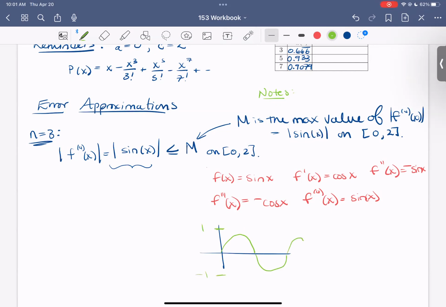So then the absolute value here would just look like lumps like this. So we see that the maximum that the absolute value of sine of x can be is 1. So for us, this M is 1. Cool. So we found every component that we need to write the error approximation.